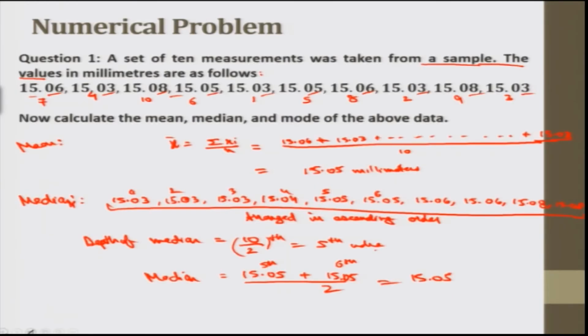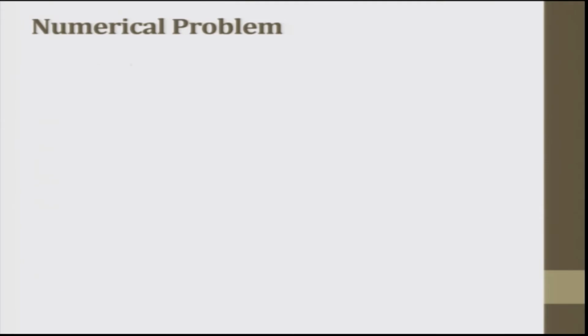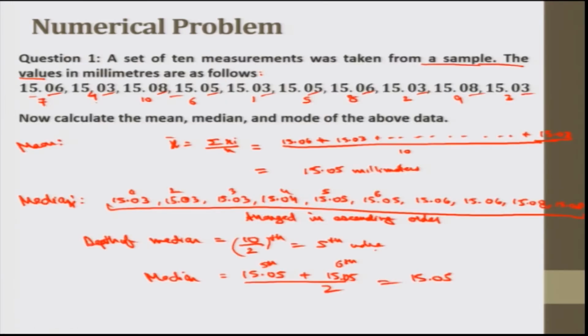For mode, let me see how many times these values are repeated. For mode, I need to see the frequency of 15.03, 15.05, 15.06 and 15.08. 15.03 is repeating 1, 2, 3 and 4 times.